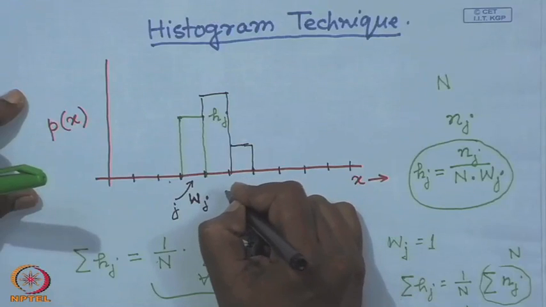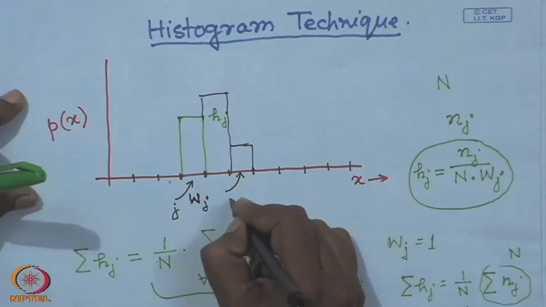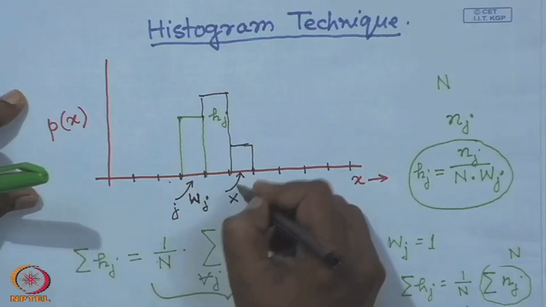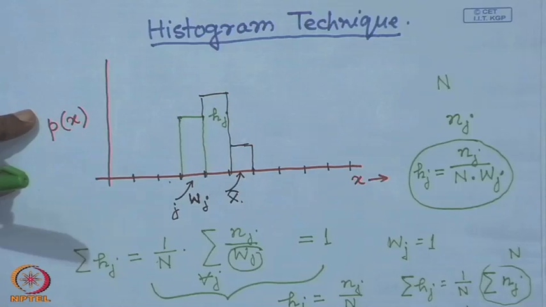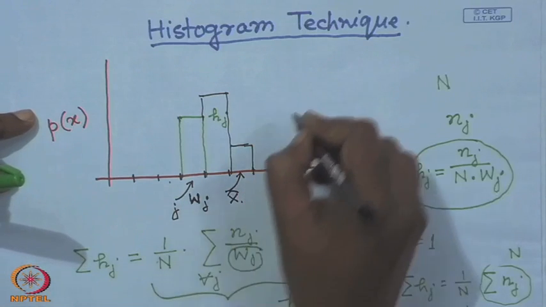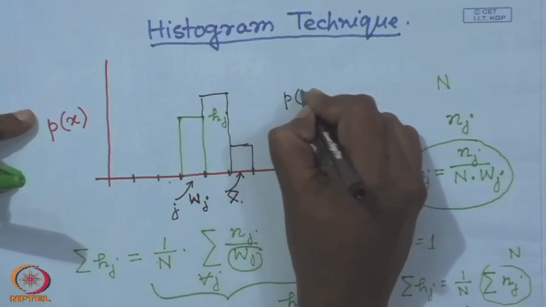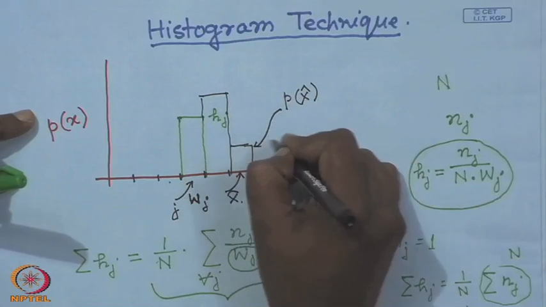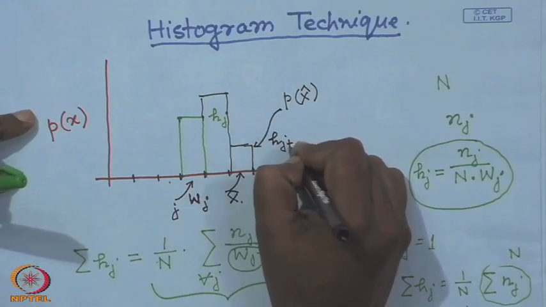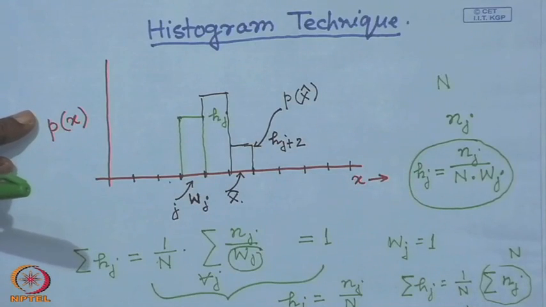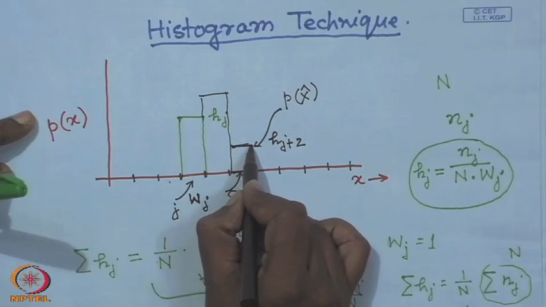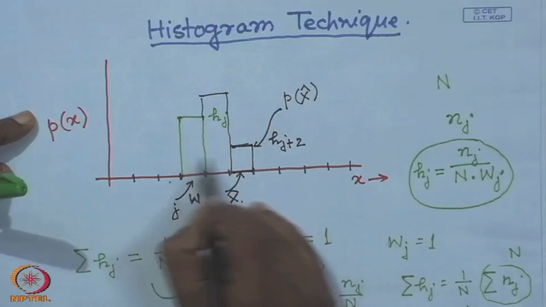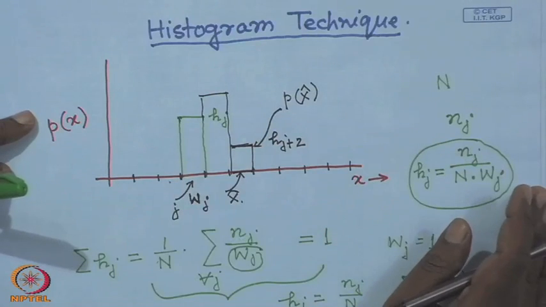Now, if I have any unknown value of x, say x over here, this is x hat, a sample value, immediately I will say that p of x hat is nothing but h j plus 2, that is, the height of the bar in the j plus second interval. Obviously, over here it is assumed that within an interval the probability density is constant, and the probability density is likely to be different in different intervals.